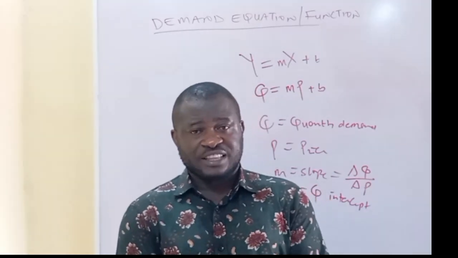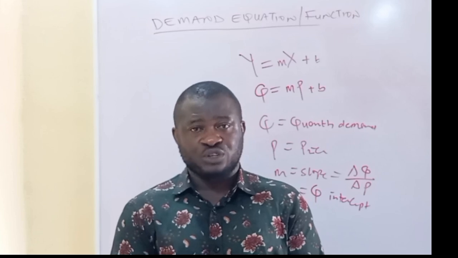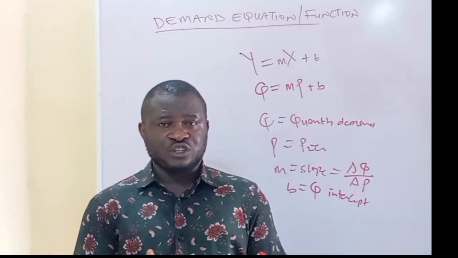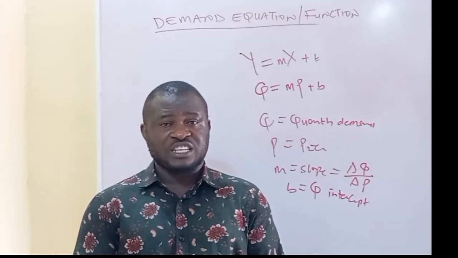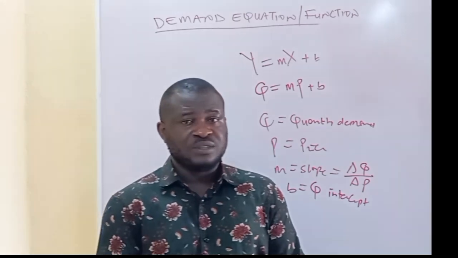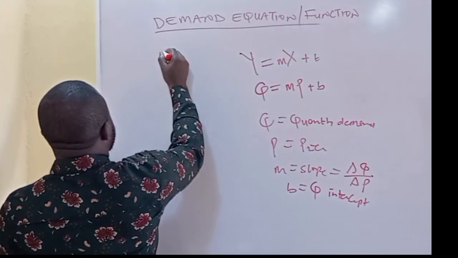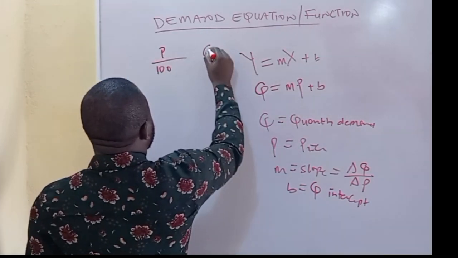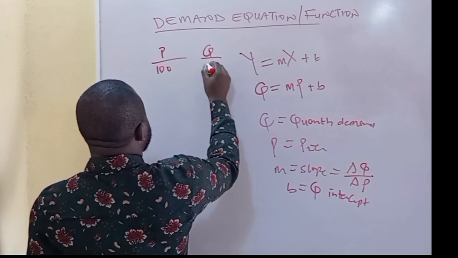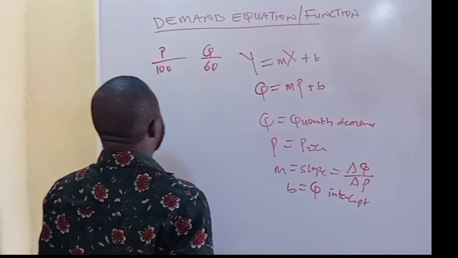So for us to attempt a derivation of a demand function, let us assume that at various prices of apple, the consumer of apple is willing and able to purchase various quantities of apple. Let's say that when the price per unit of apple was 100 naira per apple, the consumer was willing to consume, let's say, 60 units of apple.